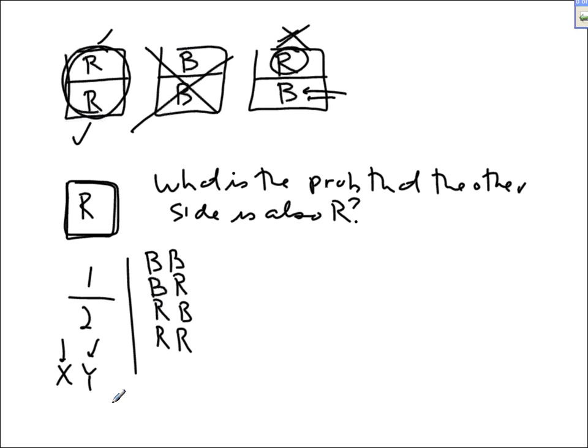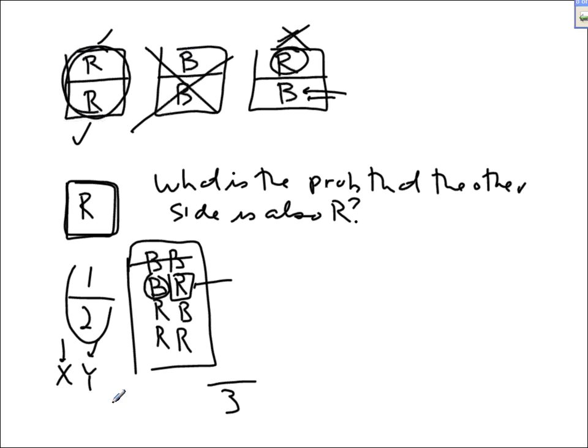And this is where people get confused and they say the answer they have. This is the sample. We clearly are not looking at the black card. There are 3 cards that we could be looking at. If we're looking at this one, the other side is not black. Sorry, is not red.